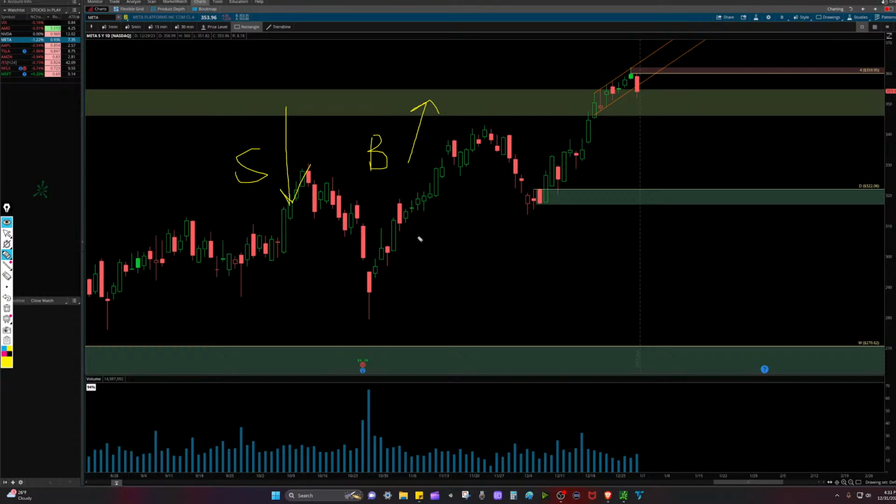When somebody shorts the market, they have to buy to cover. When somebody buys, they have to sell to cover. So when somebody is trying to sell around here, they have to buy to cover. So when you buy, price goes up higher.